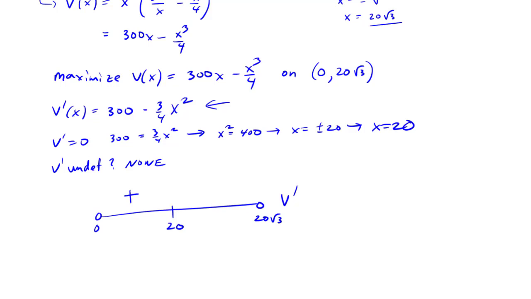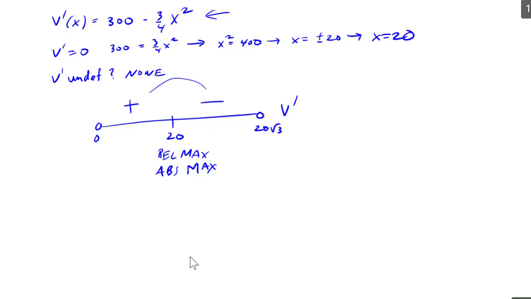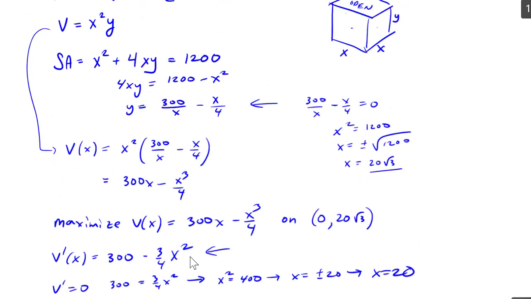This is going to be very big, the 3/4 x squared, so 300 minus that is going to be negative. So we have increasing then decreasing. We have a relative max here, which, because it's always increasing before and decreasing after, becomes an absolute max.